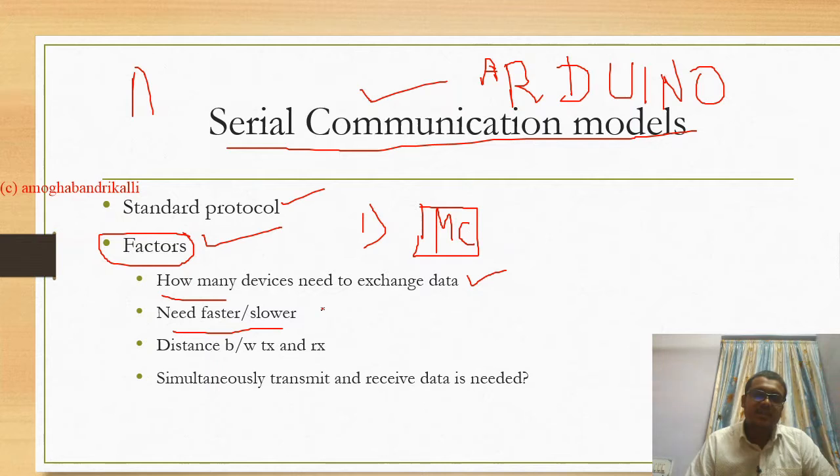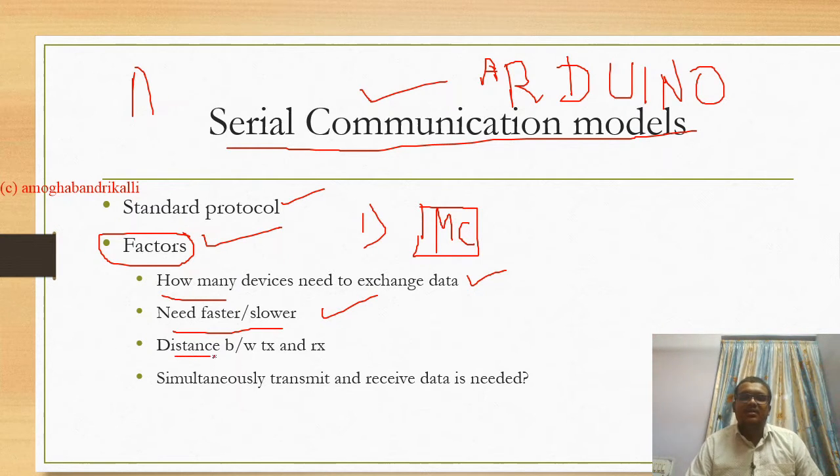Do you need faster or slower communication? If you need faster and the distance is less, you can go for parallel. If a slower version is fine, the cost will also reduce with serial communication, so you can convert to serial communication.